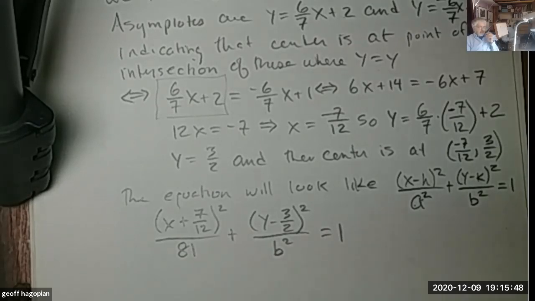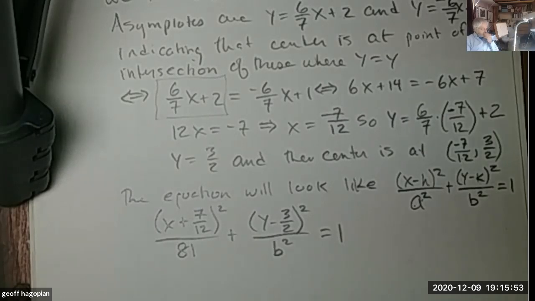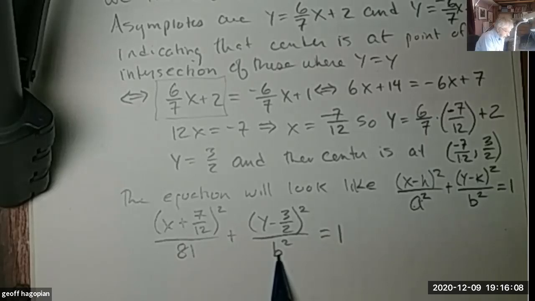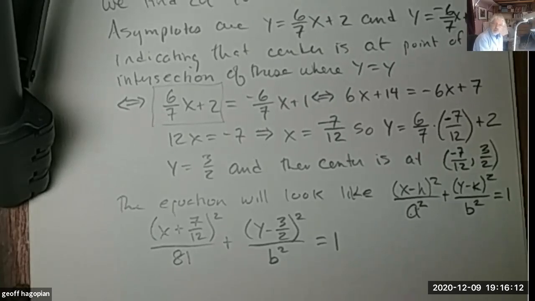But what do they ask us? They ask us for the center, the focal length, and the eccentricity. To get the eccentricity, we'd have to know. Okay, so we do know enough to find b, don't we? Yeah, I was wrong about that. What is it that gives away the value of b?